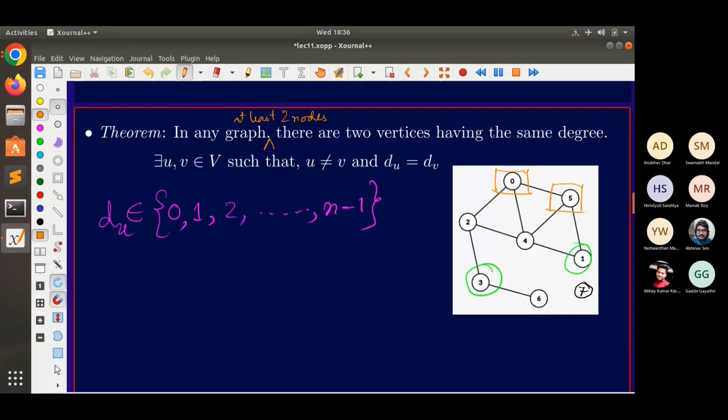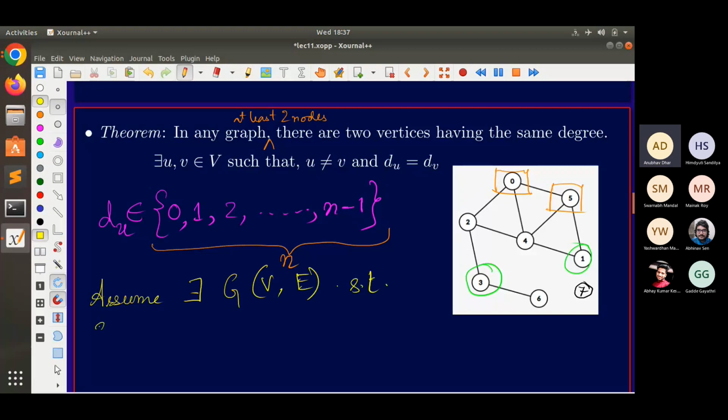Okay. So how many values are there in the range? n values, right? So let's say for the sake of contradiction, we have some graph G. Assume there exists a graph G such that all degrees are distinct.